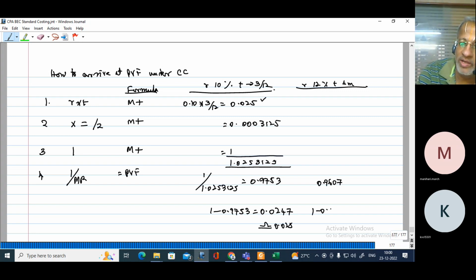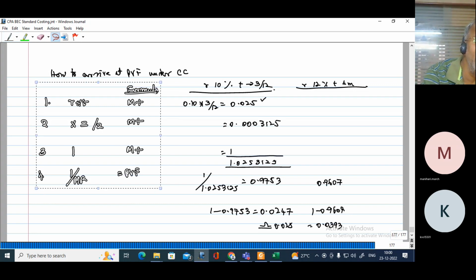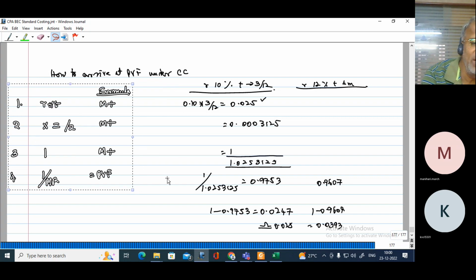Here, 1 minus 0.9607 is equal to 0.0393, which is about 4%. So whatever answer people are telling, how do we cross verify all this? We have a shortcut.